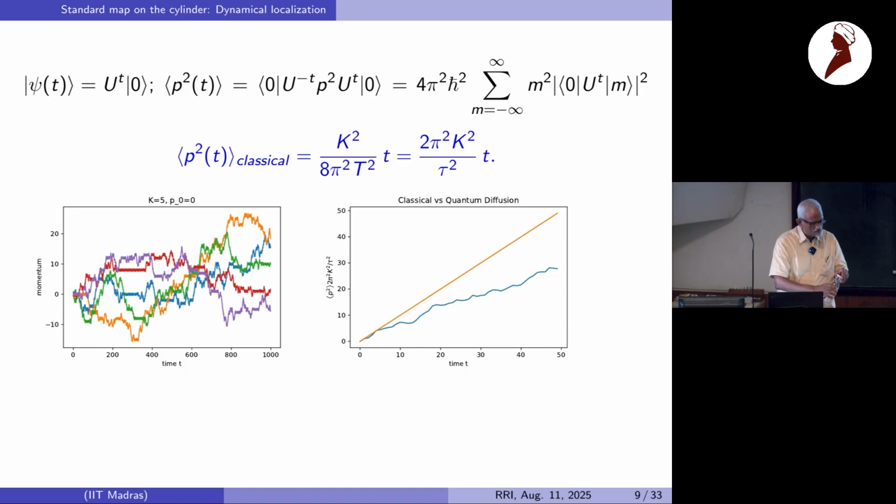Like KAM is a perturbation theory. So, yes, but it depends on how large your K is and so on. For very small K, you can do perturbation theory, it might converge. But by and large, we are interested in non-perturbative regimes. K is 5, for example. It's gone well past perturbation theory's applicability.